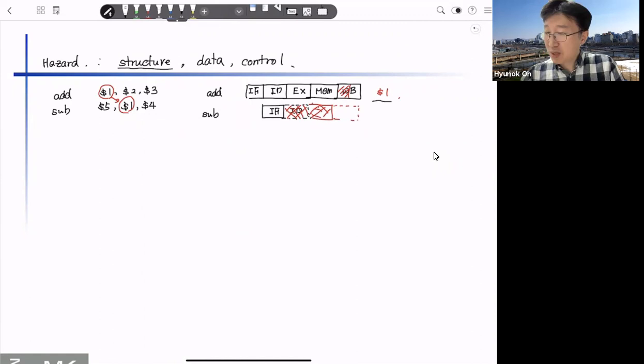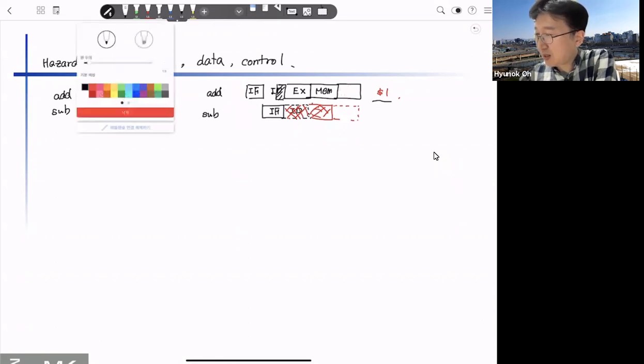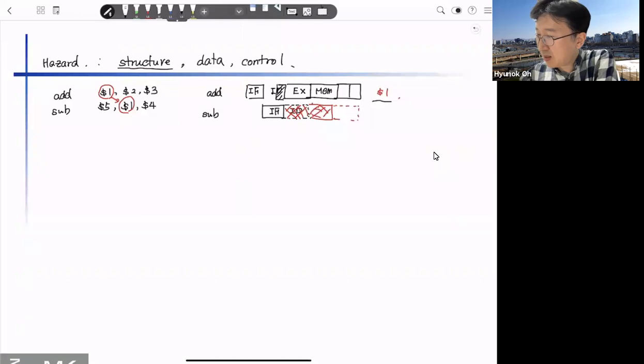Okay. So here, let's assume that ID is reading the register. It doesn't take so much time. Let's just take half a clock. Okay, so it's reading at this moment, and write back, which is writing the data register, is writing in the first half clock.